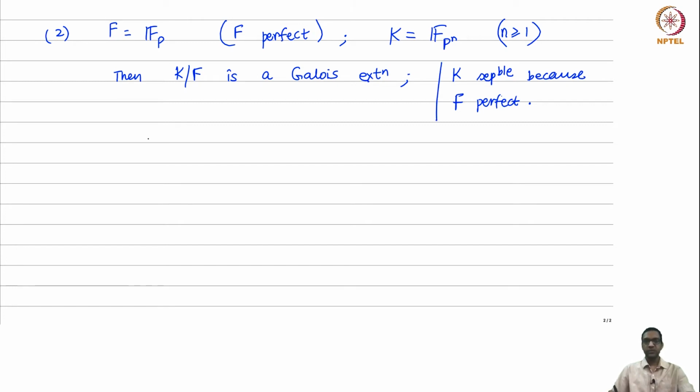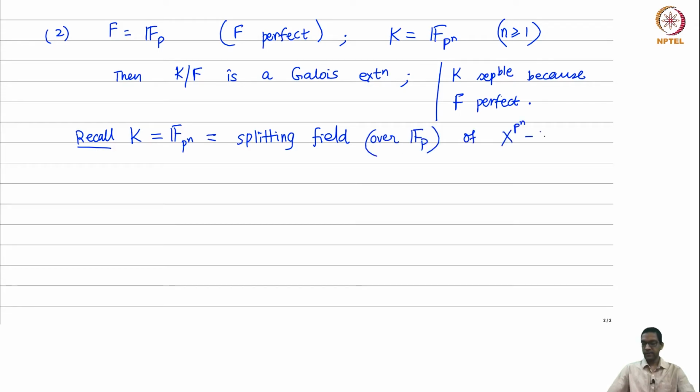The normality is what we need to check. Can we realize K as the splitting field of some polynomial? Recall that's exactly how the finite fields were constructed. Recall from the lecture on finite fields, K, which is F_{p^n}, is nothing but the splitting field over the base field F_p of the polynomial x^{p^n} minus x.